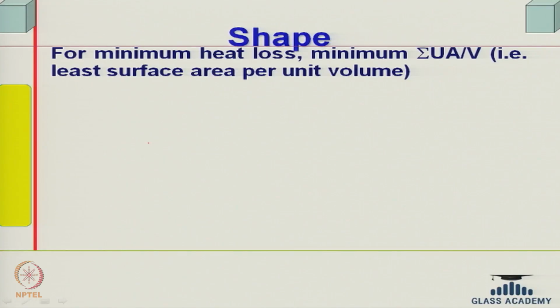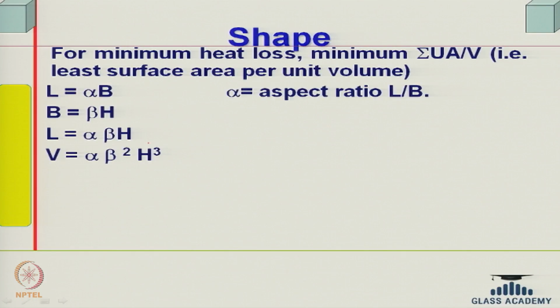So, minimum UA by V, UA being a representative of the amount of heat loss occurring per unit volume, one would like to minimize in case of the winter scenario, right. And there is some algebra available. This is available in the literature, in a book by Marcus and Morris.